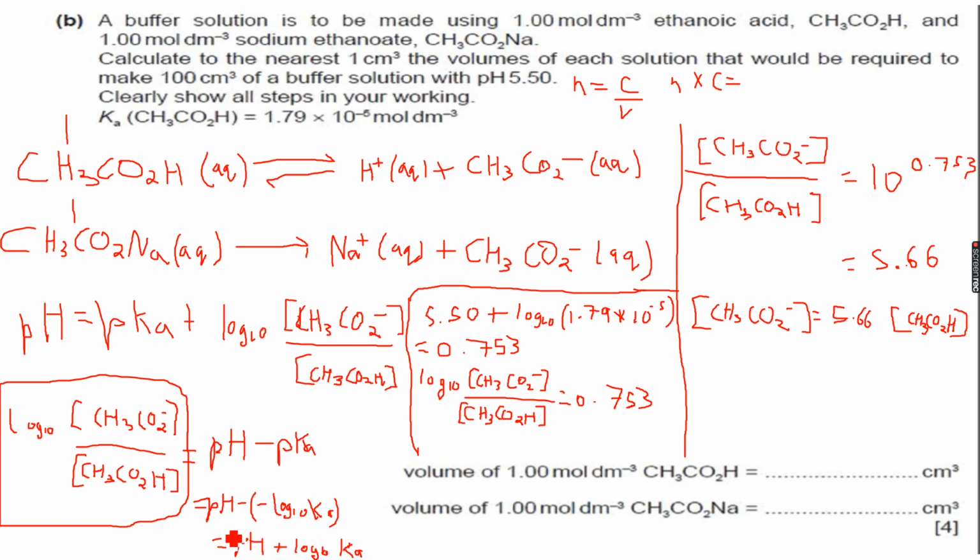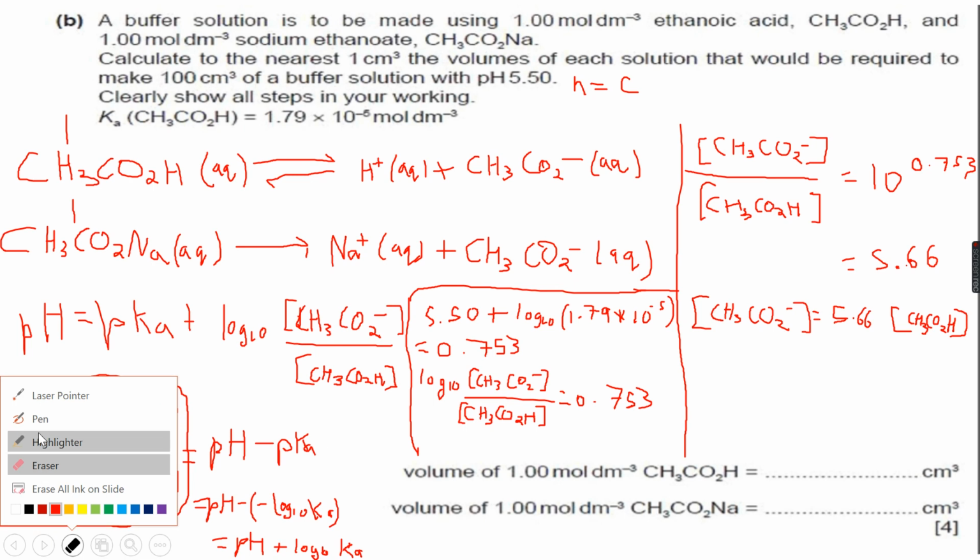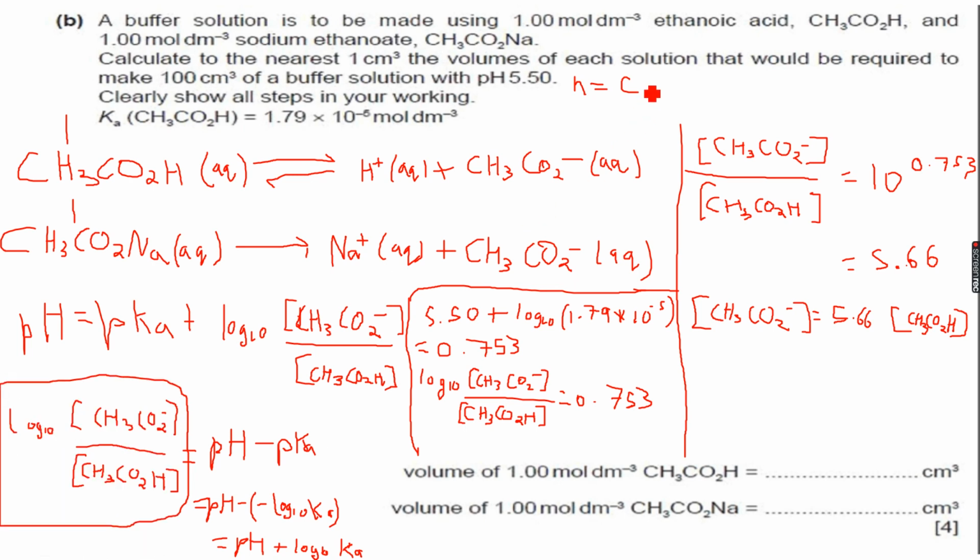N times V is equal to concentration. So I think I've made a slight mistake over here. Yeah, I made a slight mistake. N is equal to C into V. So I can say that.